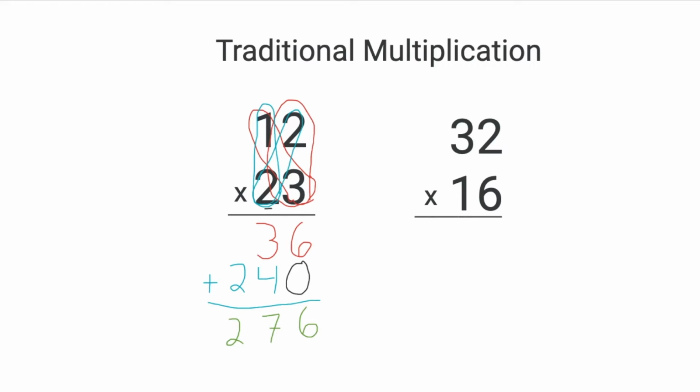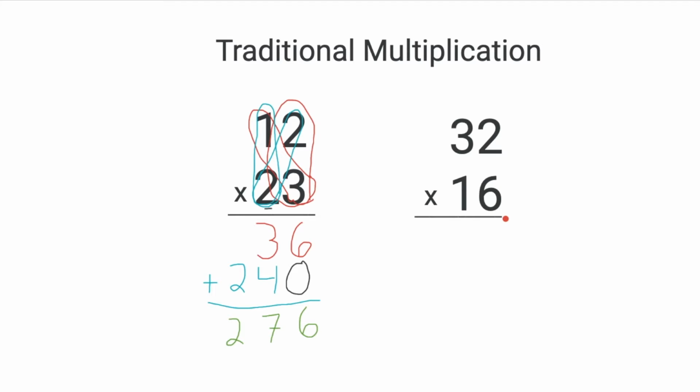I'll talk about what that looks like in traditional multiplication. So in this second problem, 32 multiplied by 16, just as we did with our first problem, actually, you know what? I will switch colors. We'll keep it consistent.